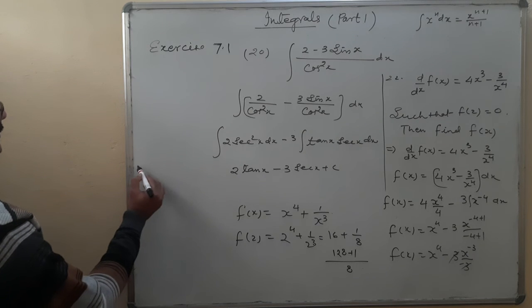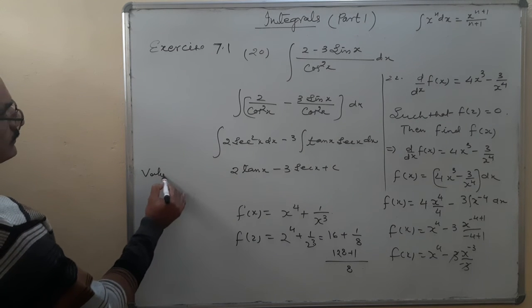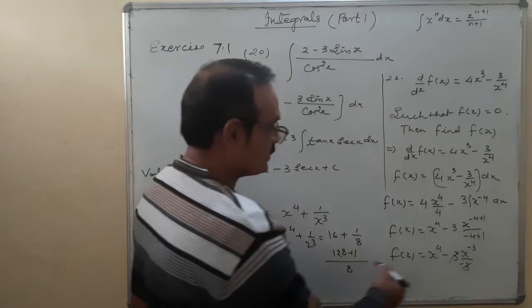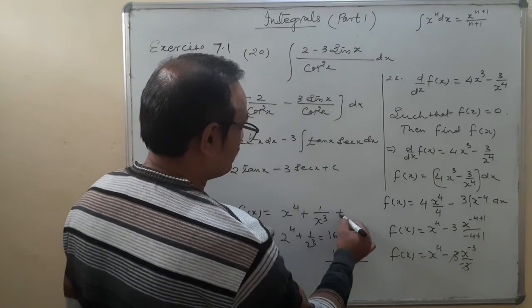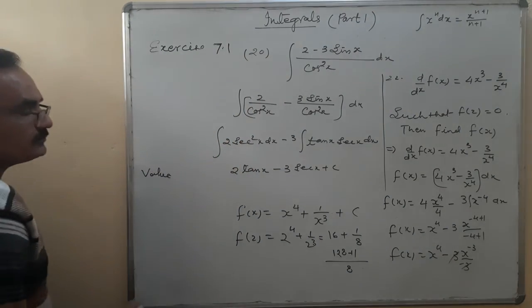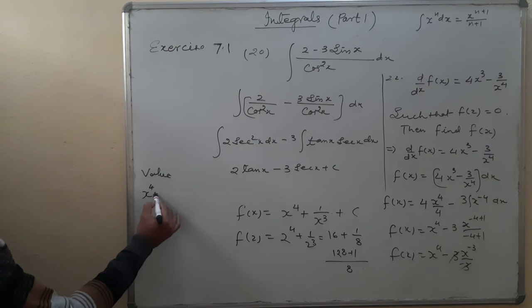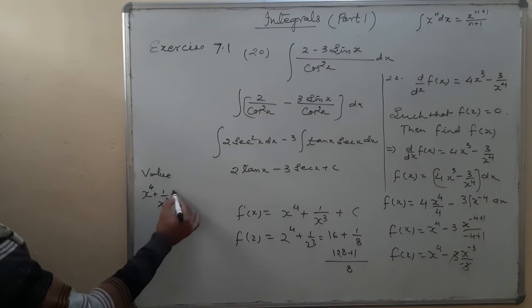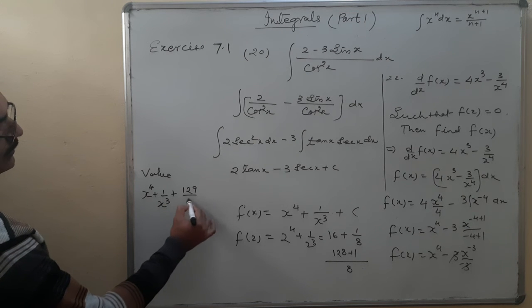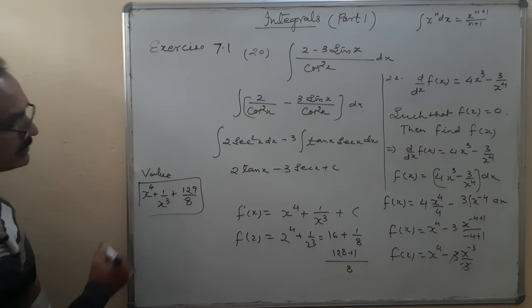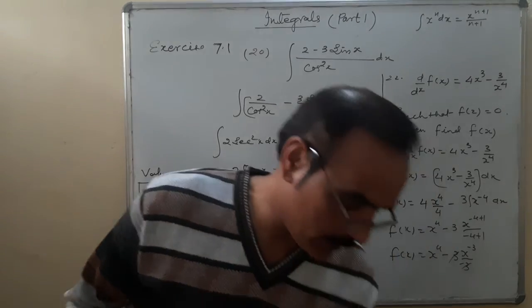Because when you integrate this term, plus c is also coming here. So the answer is x to the power 4 plus 1 upon x cube plus 129 upon 8.